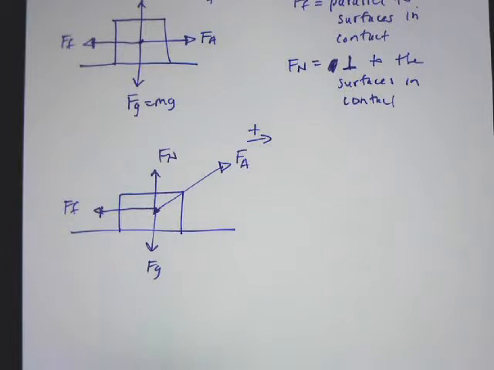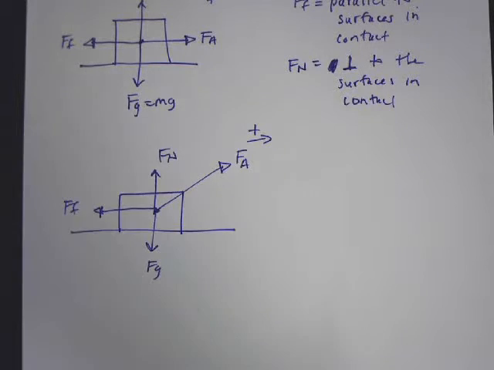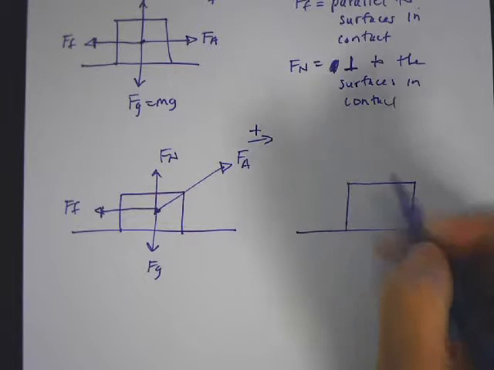Now, I'm going to go through the same steps I did before. In every problem, I'm still going to have 3 steps, 1, 2, 3. But with problems involving angles, before I can sum forces horizontally or vertically, I have to take this applied force and break it up into horizontal and vertical components.